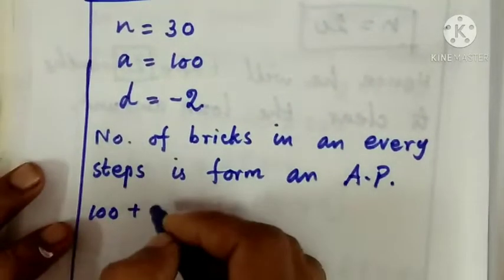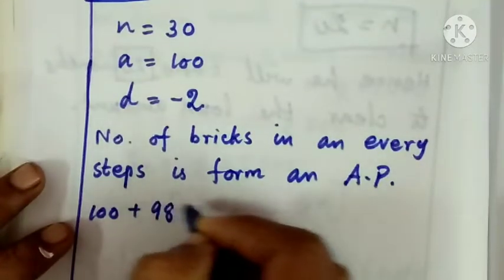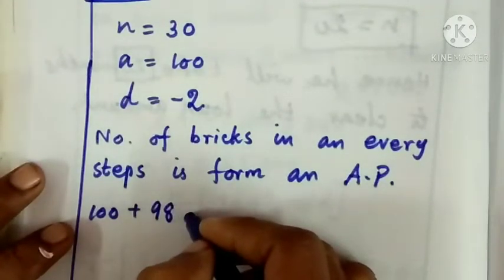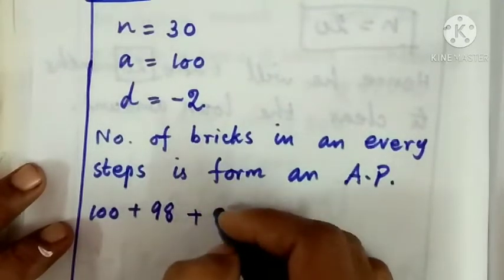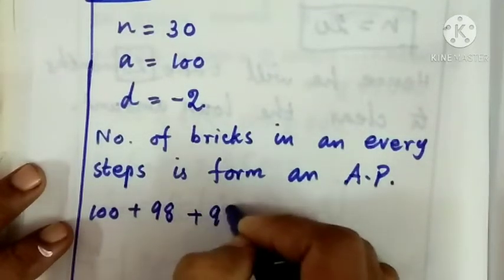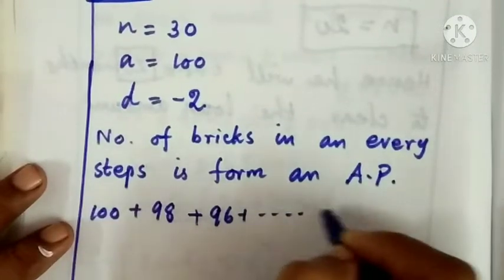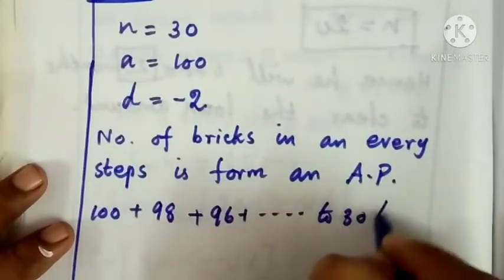Therefore, 100 minus 2 we get 98, plus 98 minus 2 we get 96, up to 30 terms.